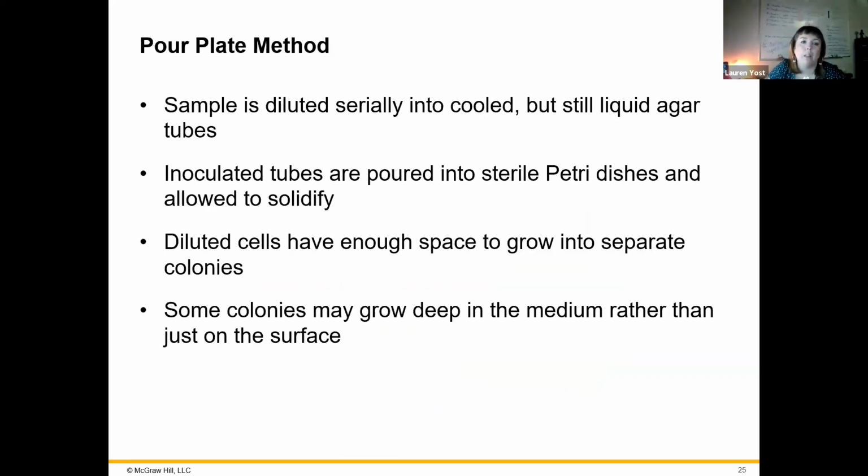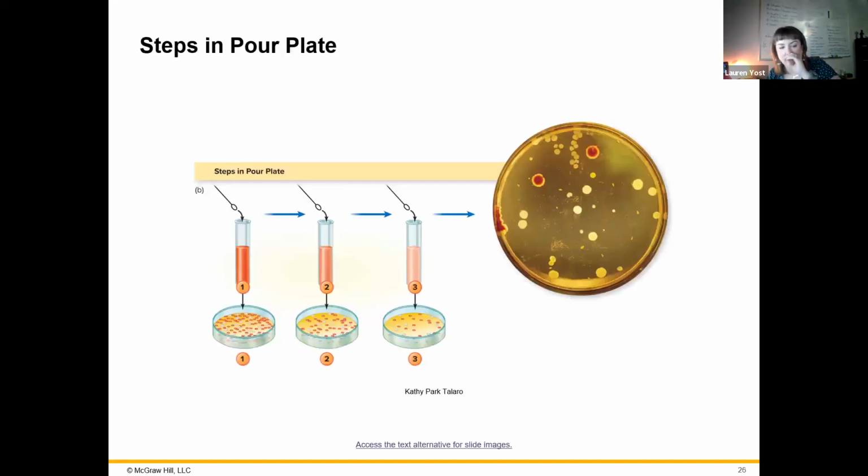The pour plate method, we're not going to be doing this, but it is a method that you can use. You're going to have tubes that you've grown up that you're going to be adding into Petri dishes with agar, essentially, and then you're going to dilute them out that way.